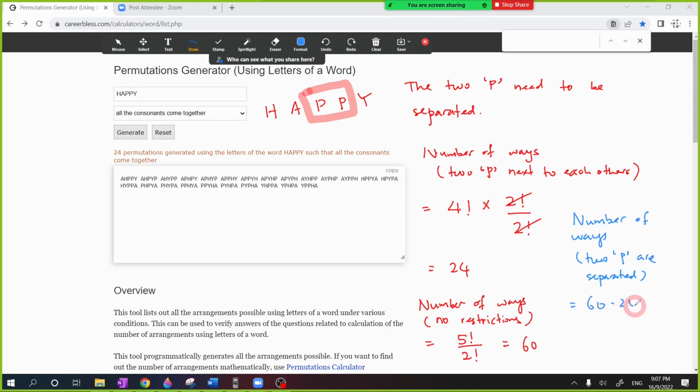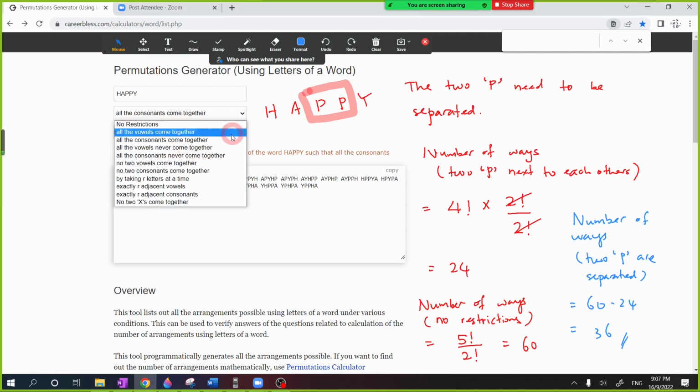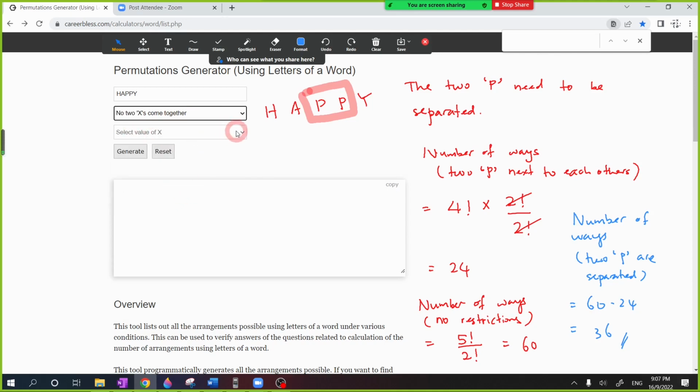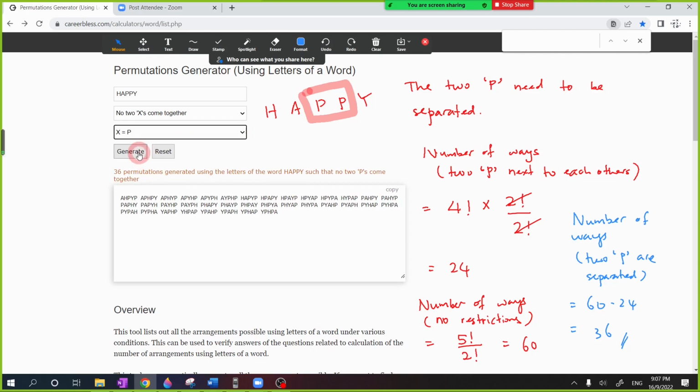So we have to take 60 minus 24, which is 36. Okay, so now let's check by using this website. No two, okay, this one. So it will be P, generate. Okay, our answer is correct, 36 ways.